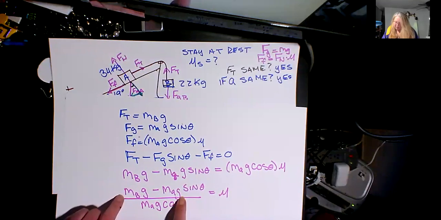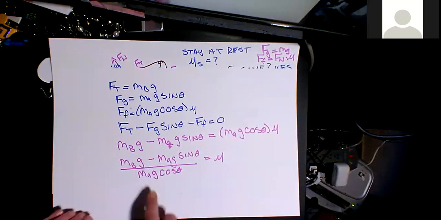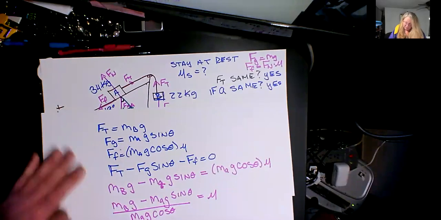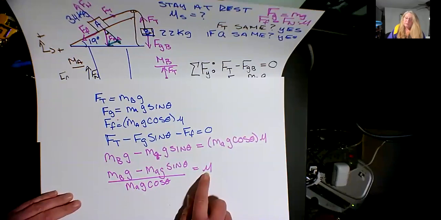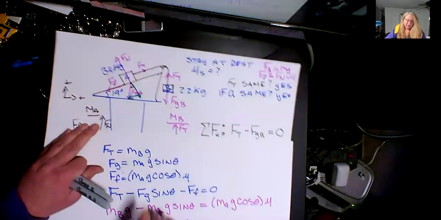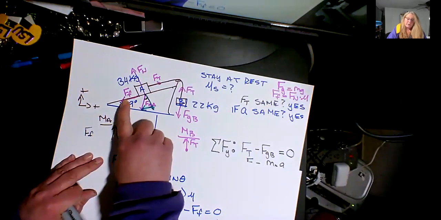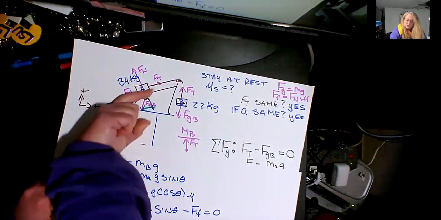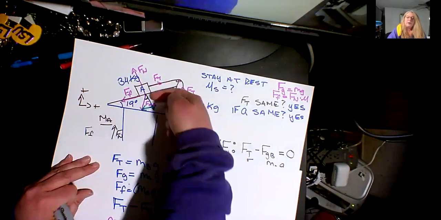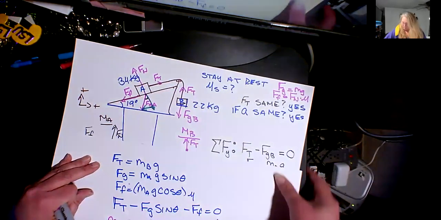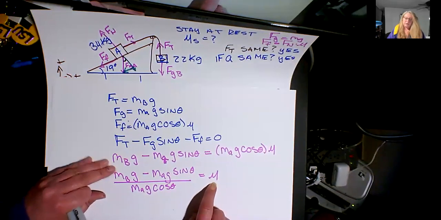I'm sorry, I'm doing too many things in my head simultaneously. The one question I said is: is this correct? Is friction in the correct direction? Is friction opposing the motion going this way, which is the assumption I made, or is friction going uphill opposing the motion coming down? If this is negative, then the direction that I chose is incorrect.